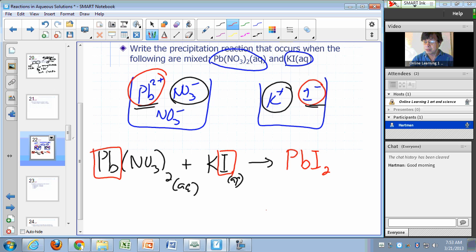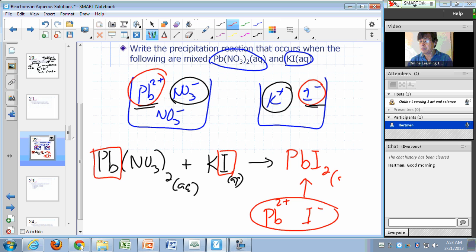Lead is +2. Iodide is -1. So when you put those two together, you get PbI2. That's your solid precipitate, so you put an (s) there. And what remains in solution will be your potassium nitrate, potassium ions and nitrate ions in solution.